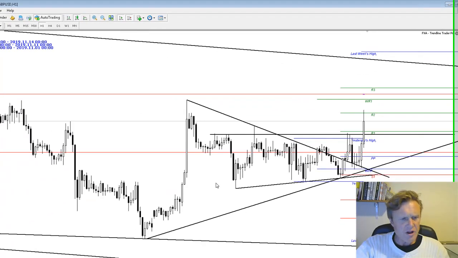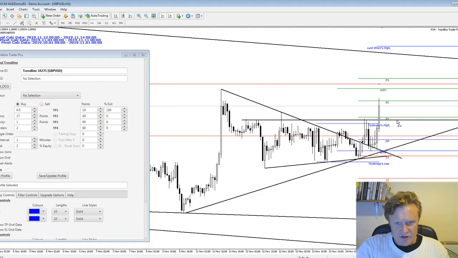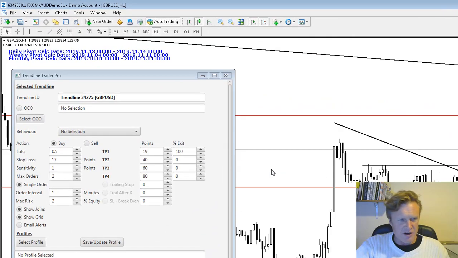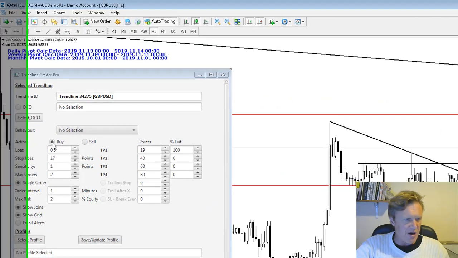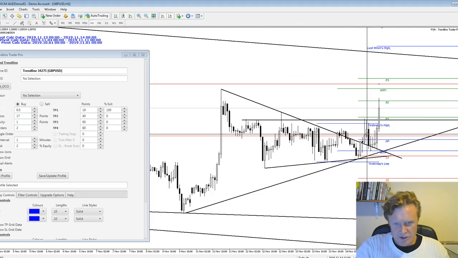I have the Trendline Trader Pro interface up here, and when I click on this trend line, the interface will synchronize with it automatically. I'm going to define this trend line as a buy, and trade half a lot. For the stop loss, if we enter, we want a stop loss probably around here.